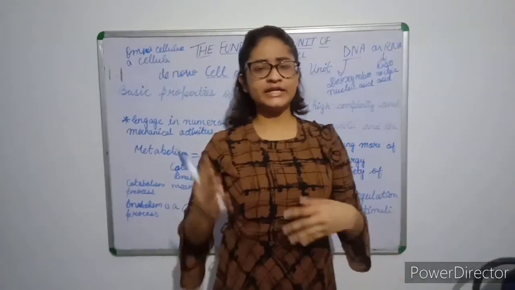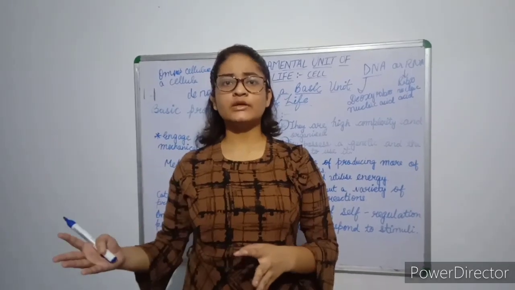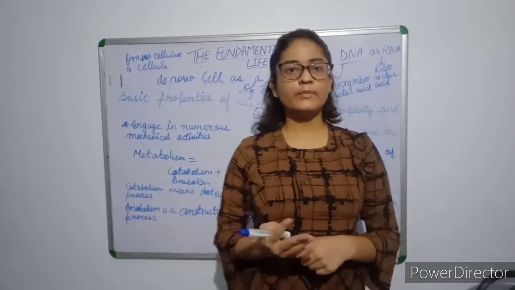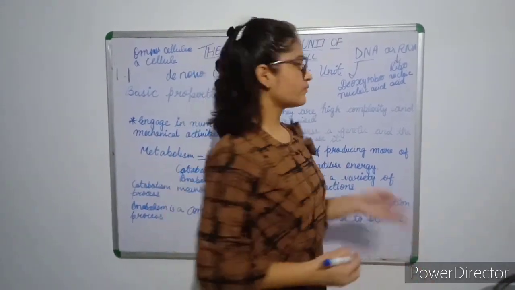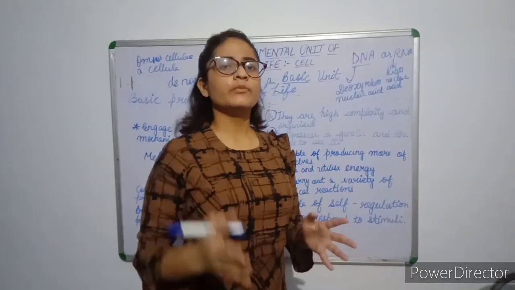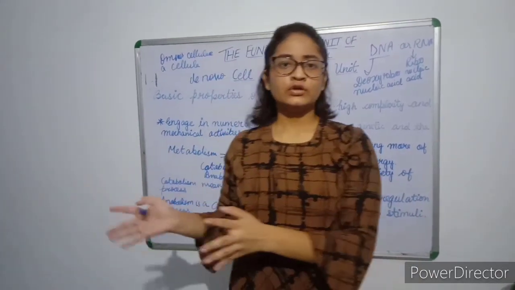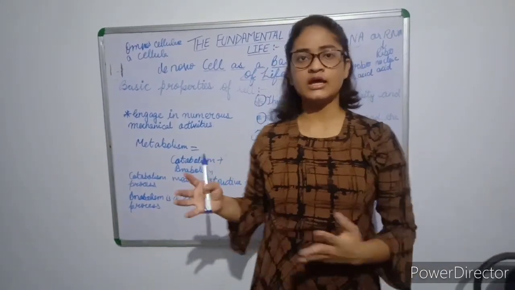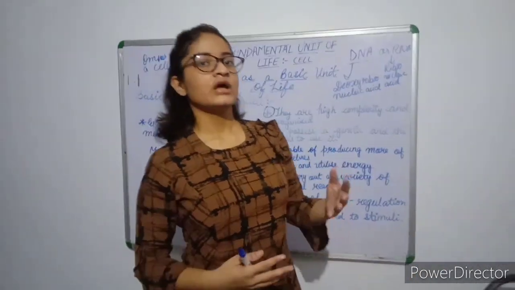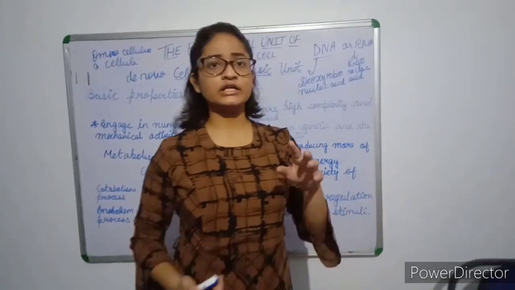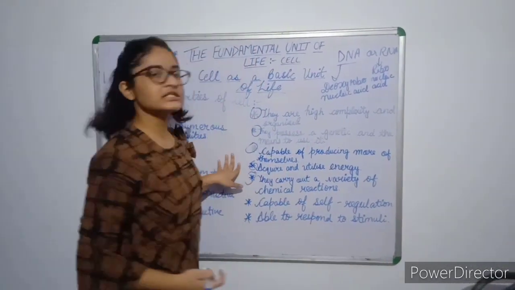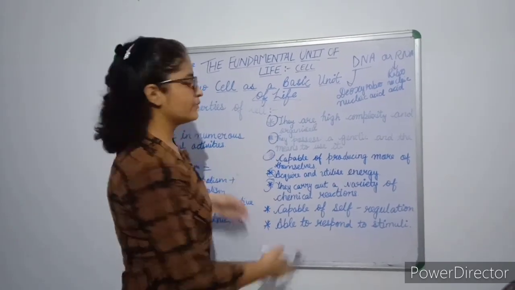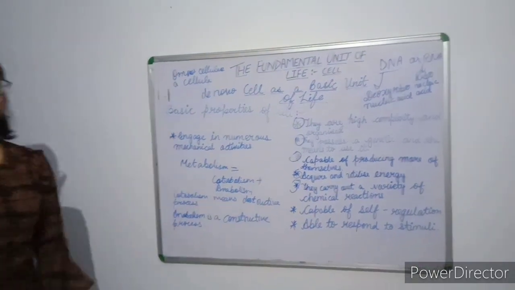Whenever it detects that a foreign agent or bacteria is there, it escapes from the blood capillary, goes into the neighboring tissue and fights it as part of our immune system. And that process is called diapedesis. So here is the point. Take your time and take a screenshot of it.